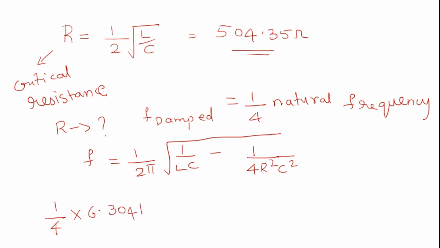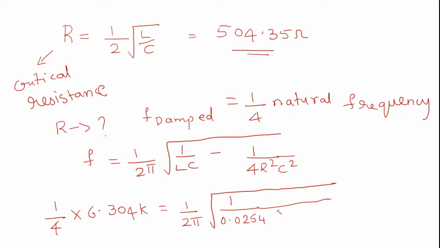So 1 by 4th of the natural frequency is what we have got, 6.304 kilohertz, equal to 1 by 2 pi root 1 by LC, where LC is 0.0254 into 0.025 microfarad, minus 1 by 4 R square C square, where C is 0.025 microfarad the whole square.